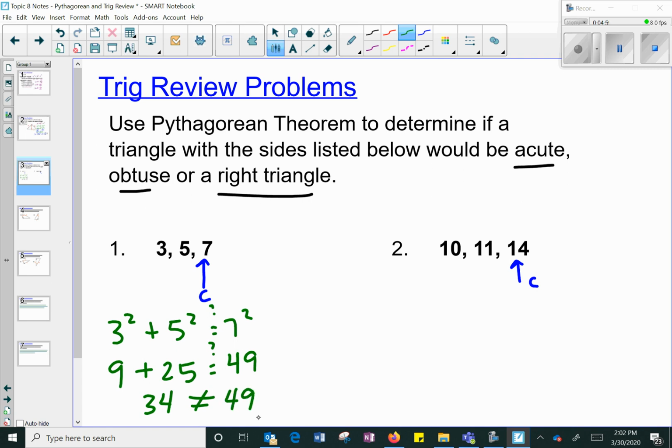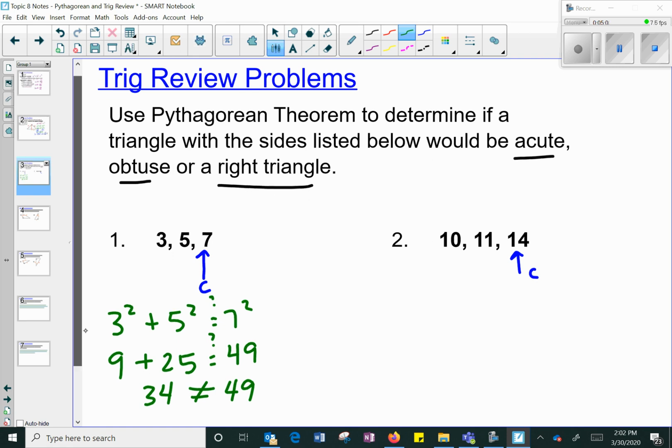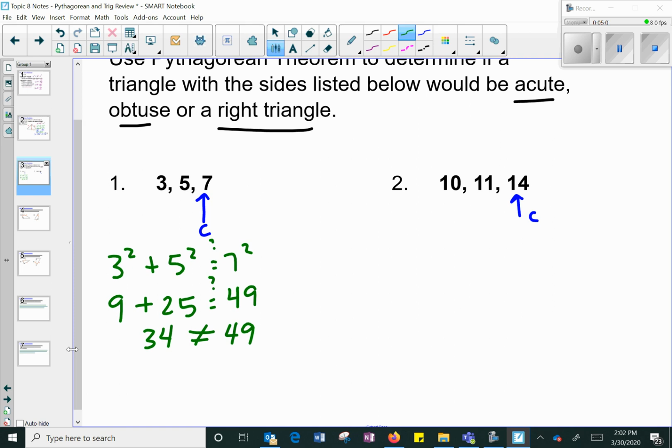With this being the case, we have to look at our c squared value. Our c squared value is larger than the a squared plus b squared value. Since 49 is the biggest, our c squared value is the largest. So that means we have an obtuse triangle.